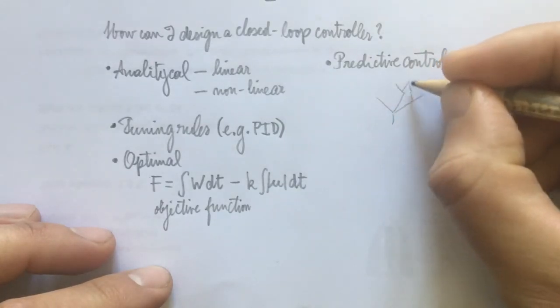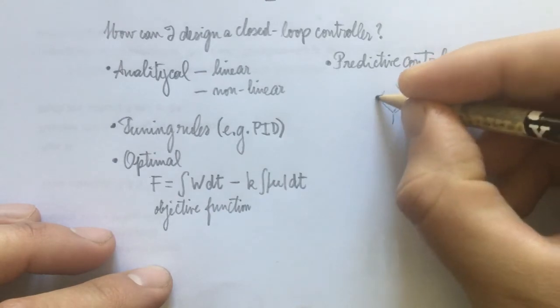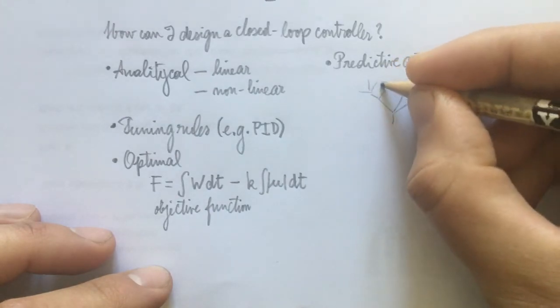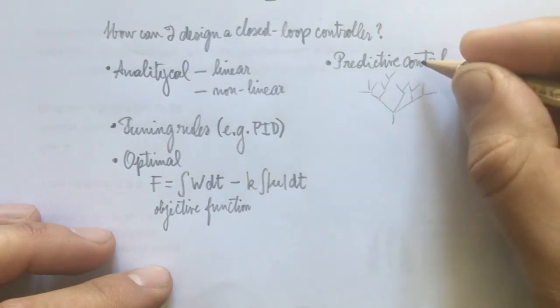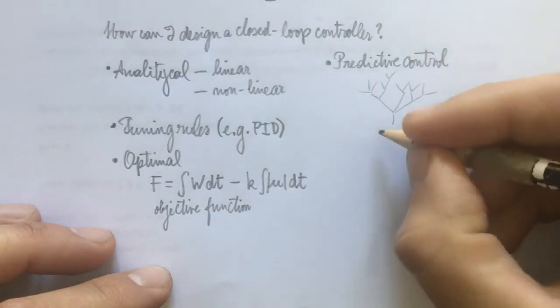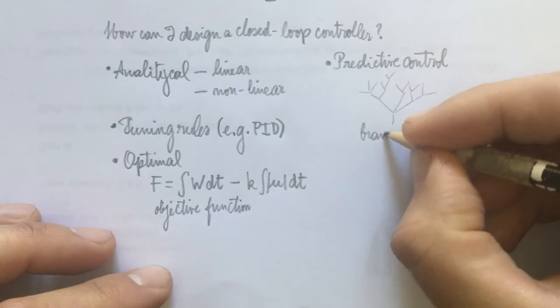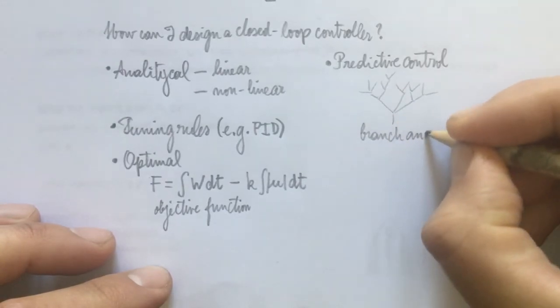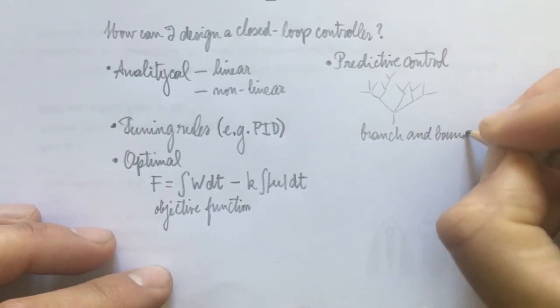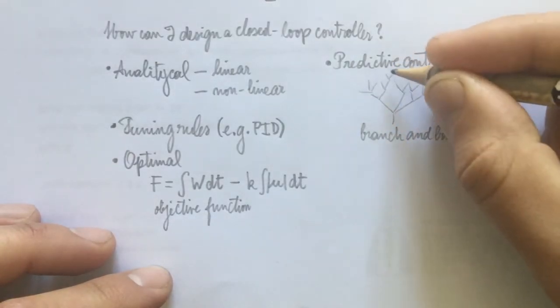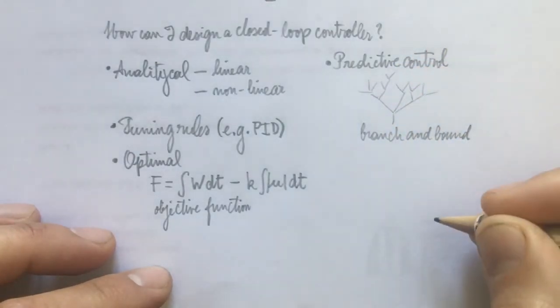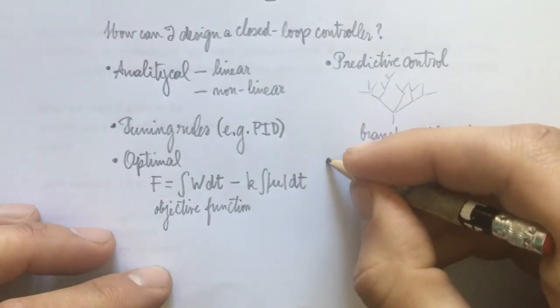We'll have many different options and we will use our model to try to see what happens in all these circumstances. Usually you use a variation of branch and bound to verify which of these many branches we need to explore to find the best option.